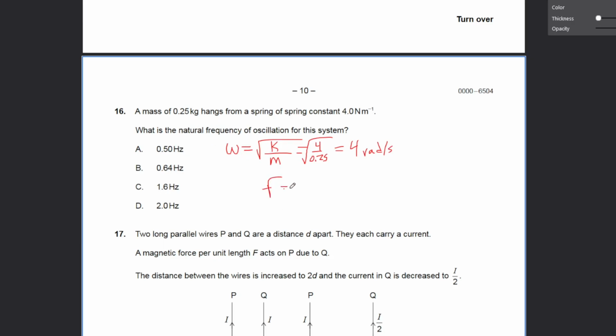Natural frequency is equal to angular frequency divided by 2 pi. So we have 4 over 2 pi, and that is roughly equal to 0.64. So the answer is B.